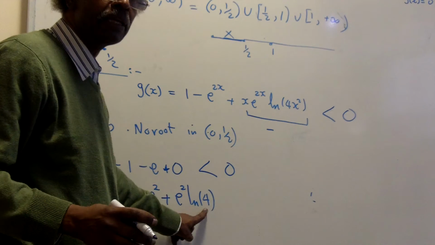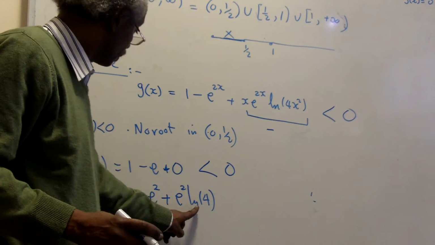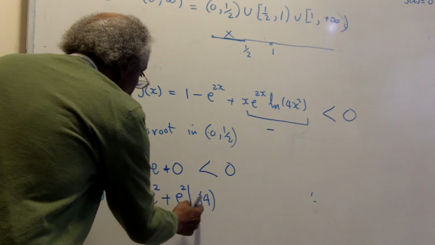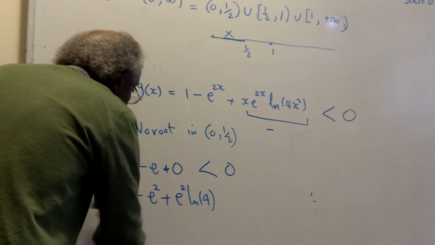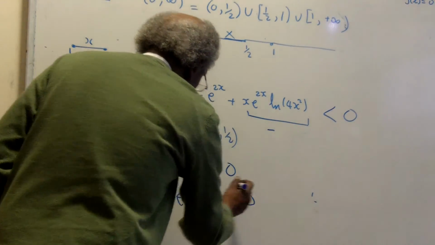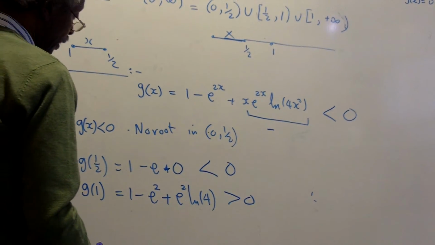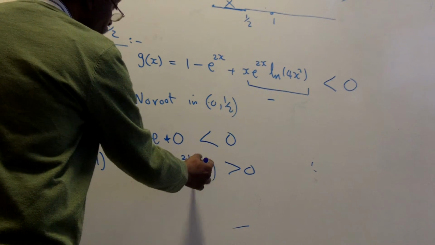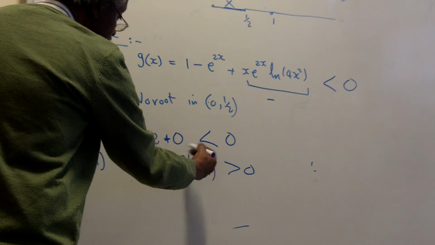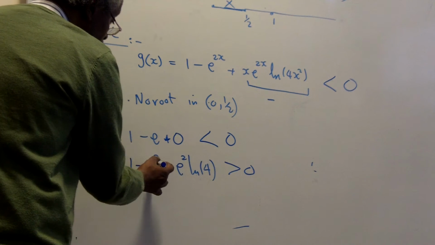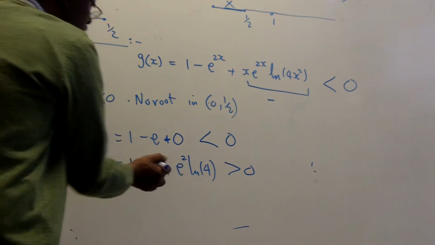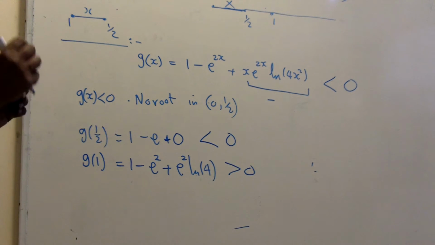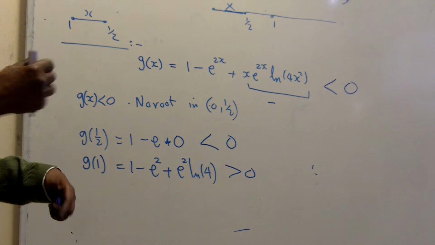And therefore this is greater than this, and therefore the whole thing is positive. This is greater than 1 means this is greater than e squared. And therefore these two end up in total with a little positive number plus 1, that's a positive number.